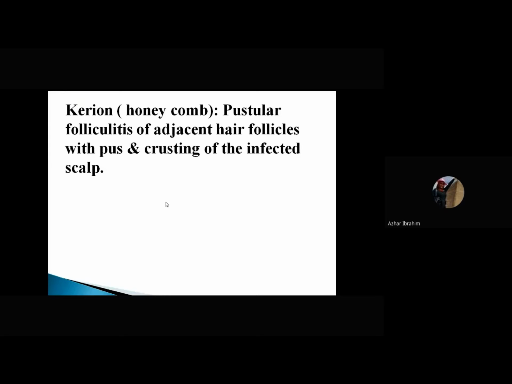So this area appears like a honeycomb. This is a characteristic feature of tinea capitis. Of course, not all patients develop kerion, but some of them develop it depending on the species. Not all the species. Trichophyton, one of the species of Trichophyton causes this phenomenon.